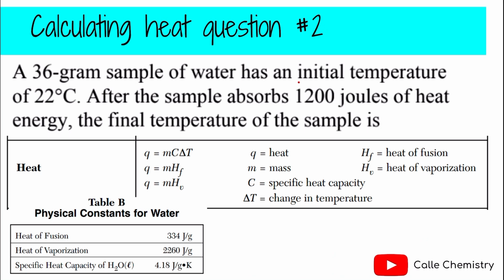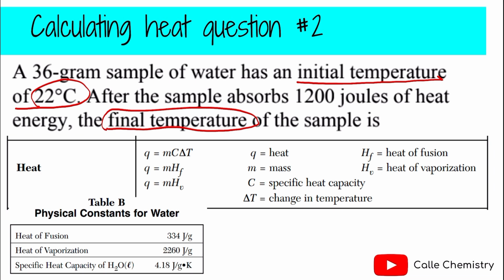This mentions initial temperature is 22, and they want me to find the final temperature. So there can only be one equation that I use here. It's the first one, Q equals m c delta T, because the other two do not mention temperature. The only one that involves temperature is when there's a change in temperature.